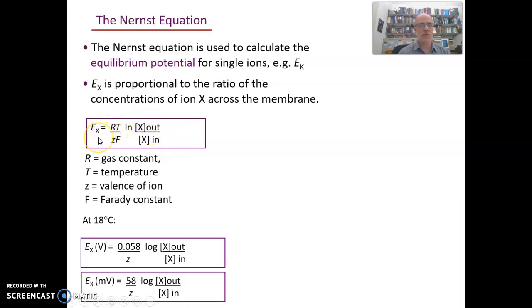The equilibrium potential for a given ion is typically calculated at 18 Celsius, or at room temperature. So you can essentially reorganize the Nernst equation into a more simplified form.